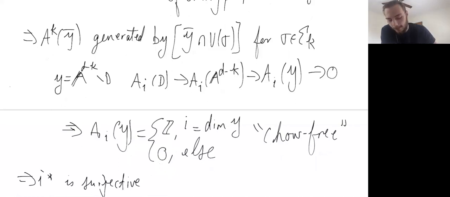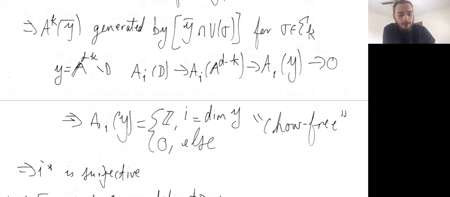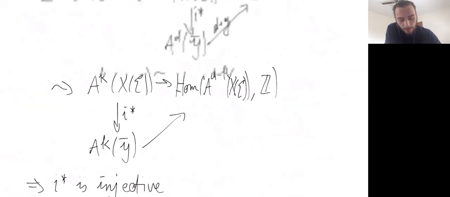So I'm just going to give this a name and say that these varieties where the Chow group looks like this, I'm going to say that they are Chow free. So this essentially describes why I get this isomorphism of Chow rings that I mentioned up at the beginning.